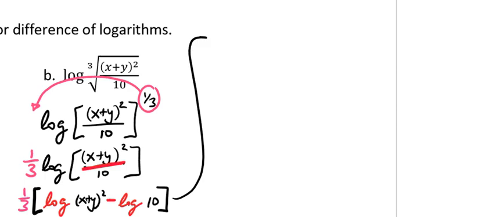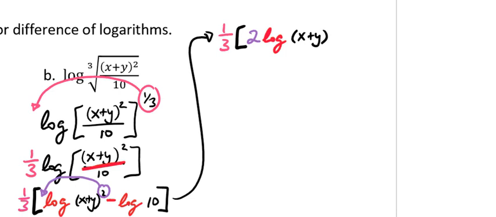So what's going to happen next? Well, from here, we're going to see that we have another exponent right here that's got to move to the front of its piece. So we're still going to have that 1/3 and that bracket, and now that 2 can move to the front, and we'll have log of x plus y, then we have our minus sign, and then we have our log of 10, and we close our bracket.